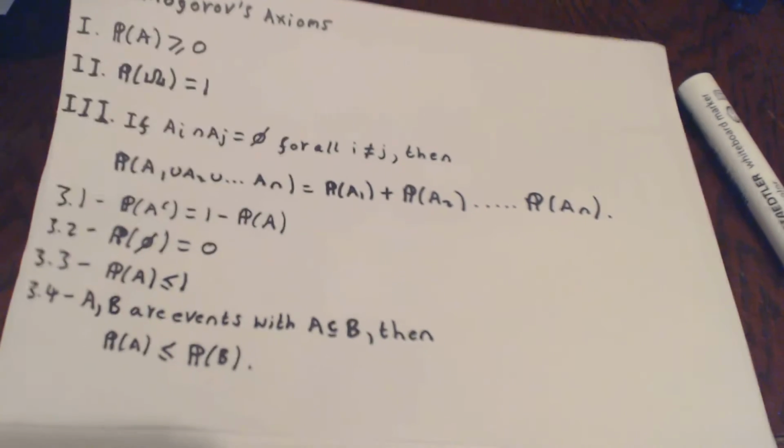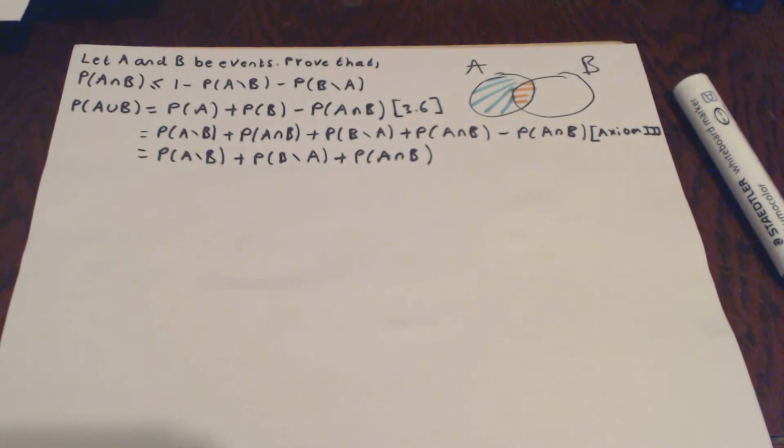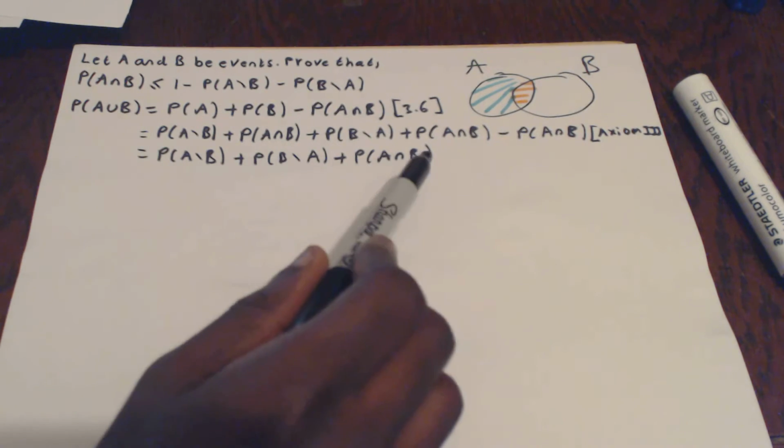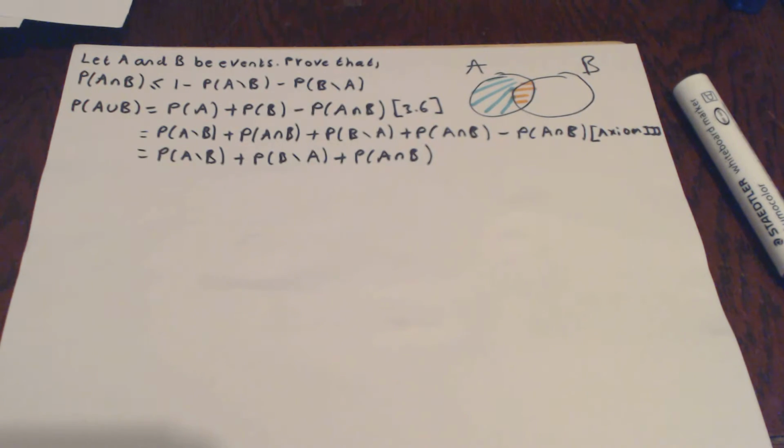Well, A union B is an event, and that means by 3.3 that the probability of A union B is less than or equal to 1. And since A union B is equal to this, this must also be less than or equal to 1.